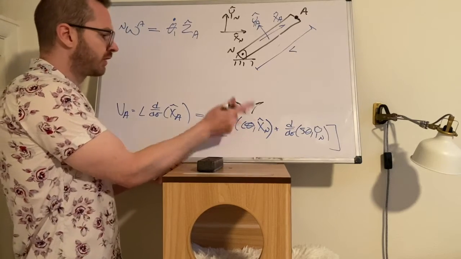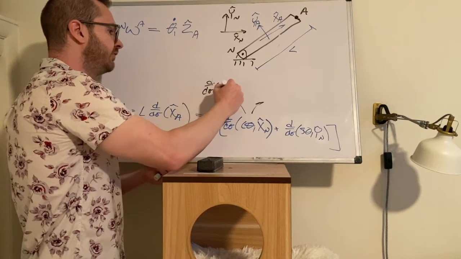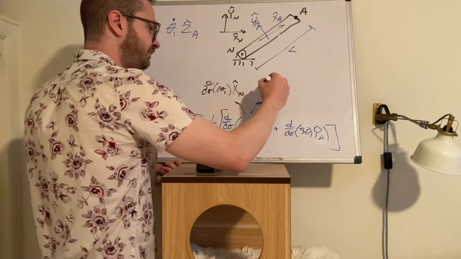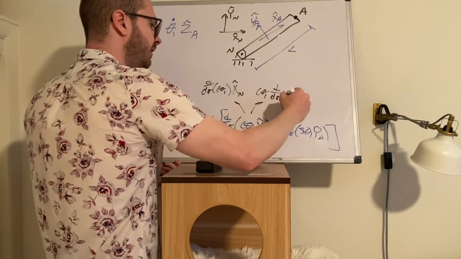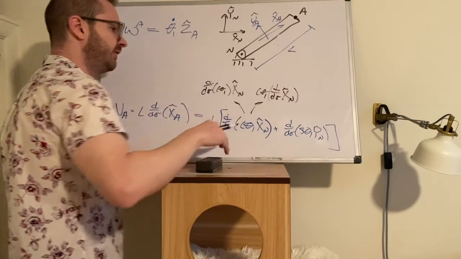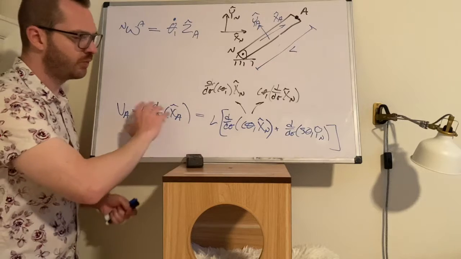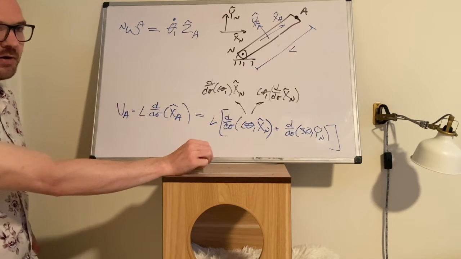But you could do a product rule expansion on this, and that's going to give you ddt of cosine theta multiplied by xn, and then cosine theta ddt of xn, right? Okay. So that's why I say when you're working these problems, recognize that product rule is going to come up often.